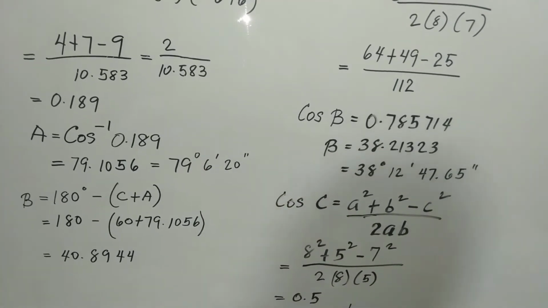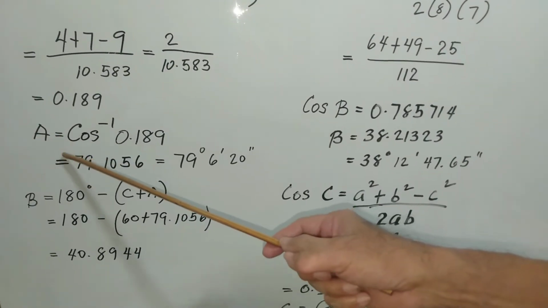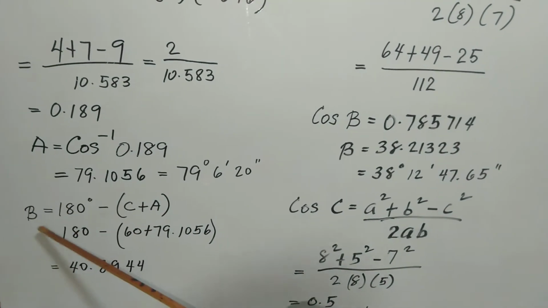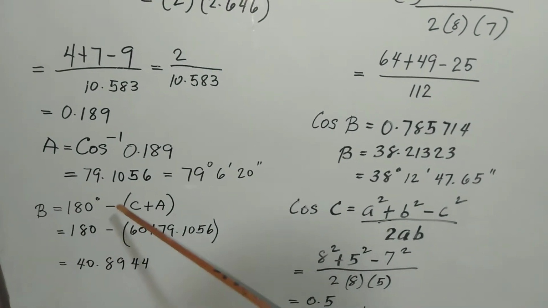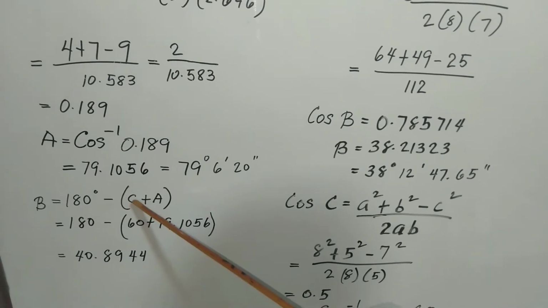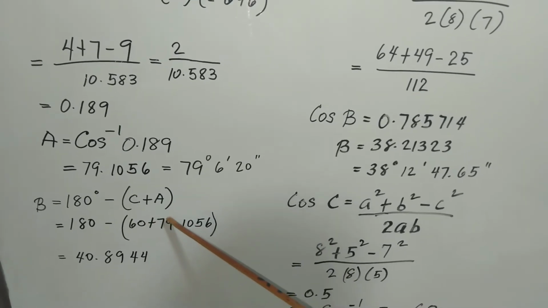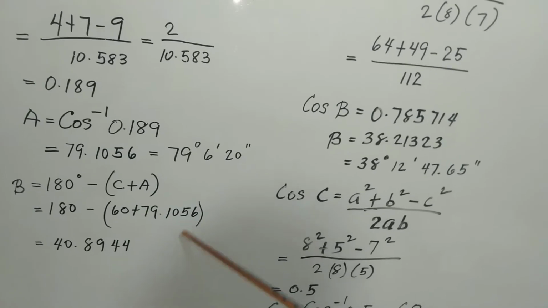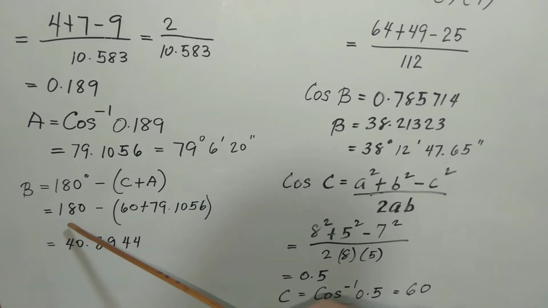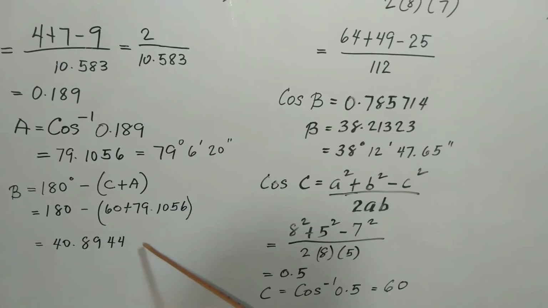So we have now the values for the two angles, A and the given angle C. To get the angle B, we add 60 degrees, the given angle, plus 79.1056, and subtract the sum of these two angles from 180, and we'll get 44 degrees.